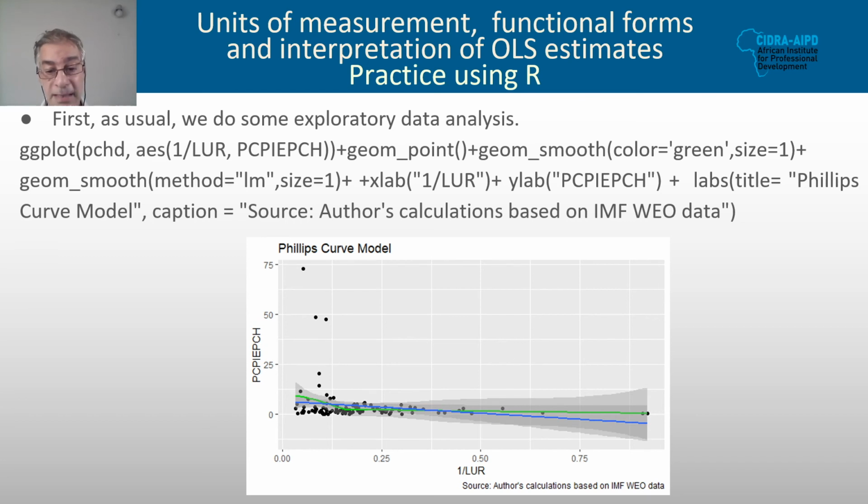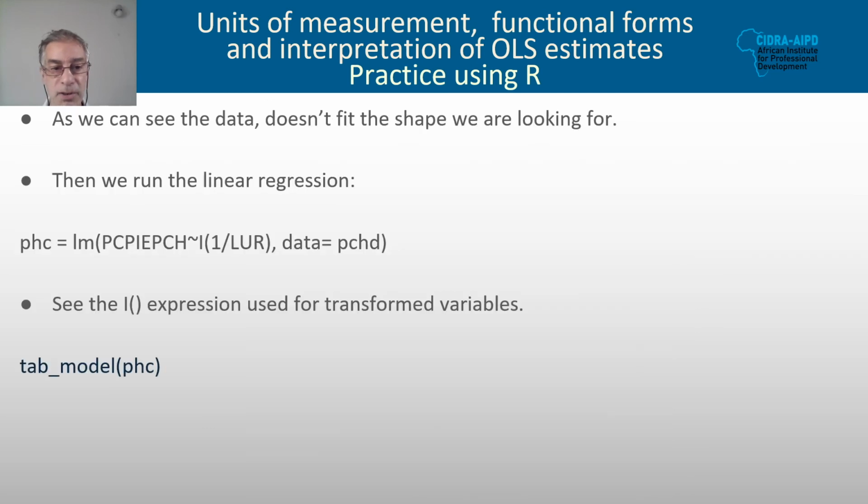The relation is the opposite of the one the model prescribed, and the points do not fit so tightly, neither to the lowess curve in green, nor to the line in blue that is the result of our linear regression model.